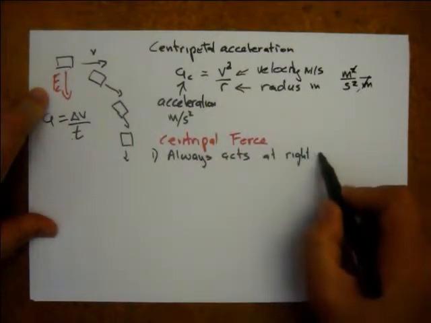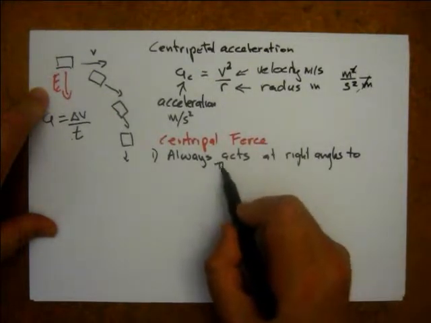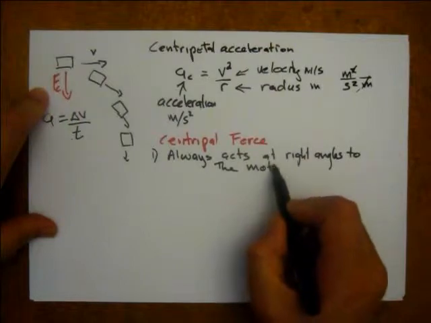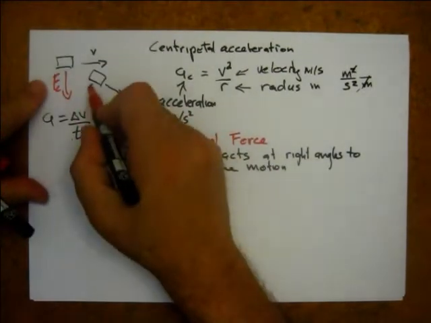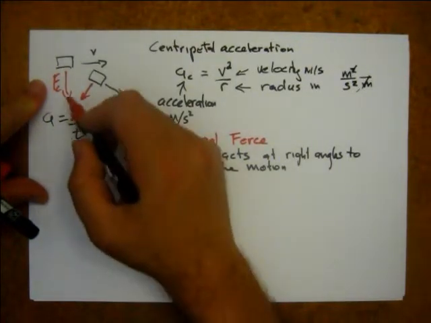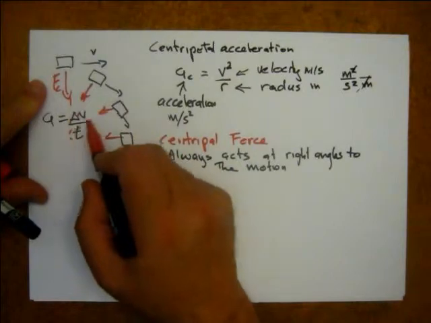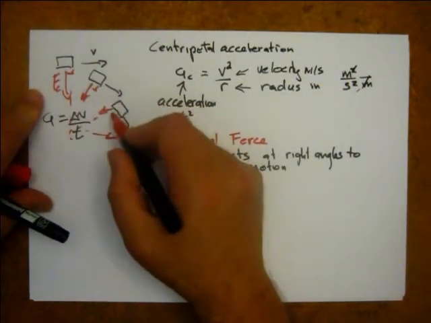Right angles to the motion. Right, that's fine. So the centripetal force is going to be acting in here, acting in here, acting in here, acting in here. It's always going to be at right angles to the motion.